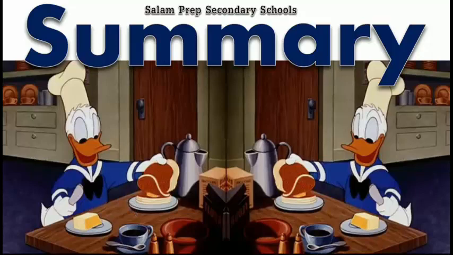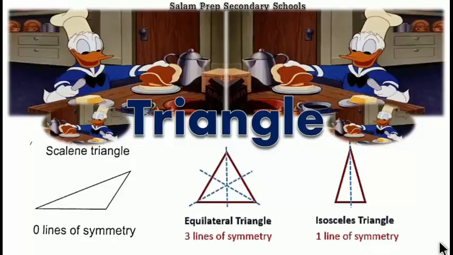Summary for you. Triangle: scalene triangle, zero lines of symmetry; equilateral triangle, three lines of symmetry; isosceles triangle, one line of symmetry.